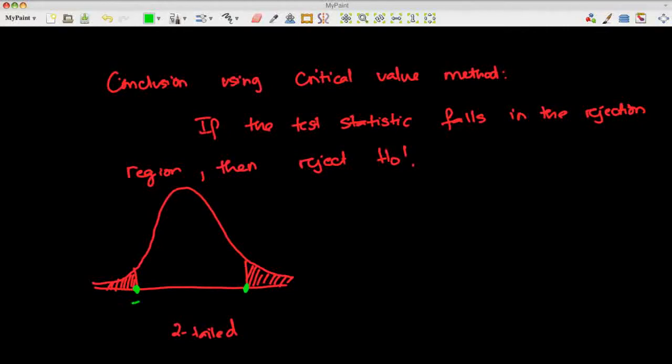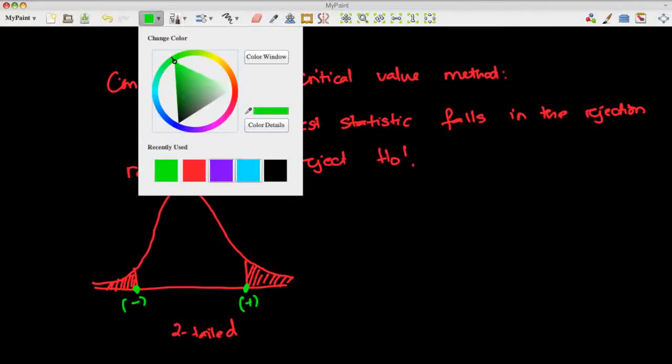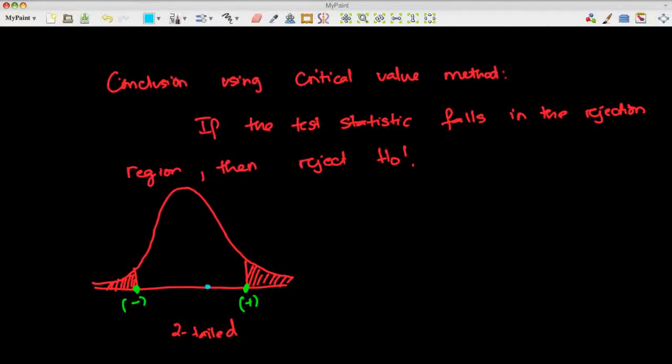So this is the negative critical value, it's the positive critical value. And suppose I place the test statistic there. In this case, the test statistic does not fall in the rejection region. So I will not reject the null. So here, fail to reject null.